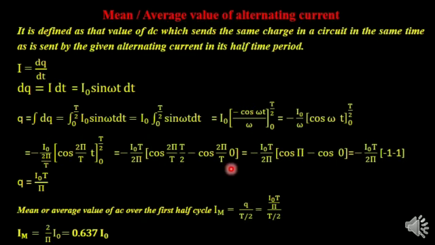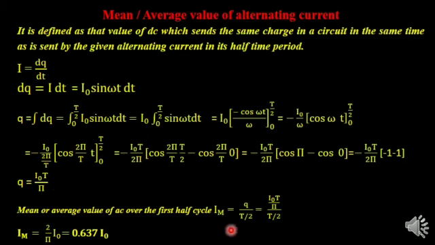Thus q equals minus I0 T divided by 2 pi into cos pi minus cos 0, which is q equals minus I0 T divided by 2 pi into minus 1 minus 1, which is minus I0 T into minus 2 divided by 2 pi. So q equals I0 T divided by pi.